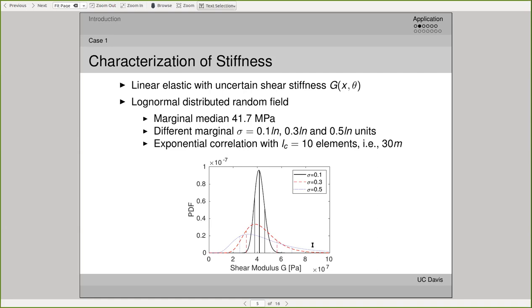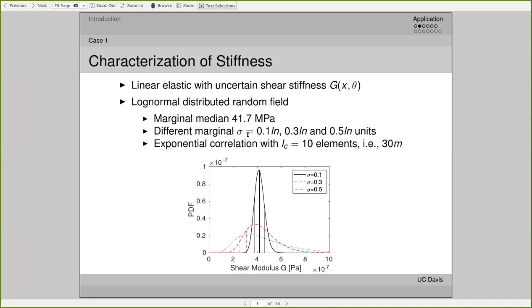For the first example, we will consider a linear elastic material with the uncertain shear stiffness G as a random field. And we will consider this random field as a log normal distributed random field with a marginal median 41.7 megapascal.